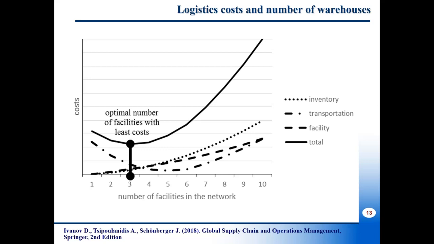Up to a certain number of maintained transshipment facilities, as is represented by the dash-dot graph, additional economies of scale can be realized by consolidation. If more transshipment facilities are incorporated into the network, then the number of transport connections exceeds a threshold value.